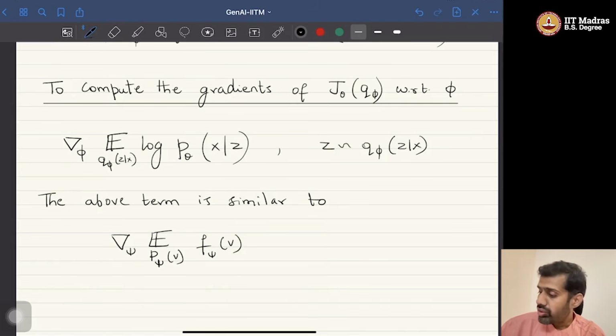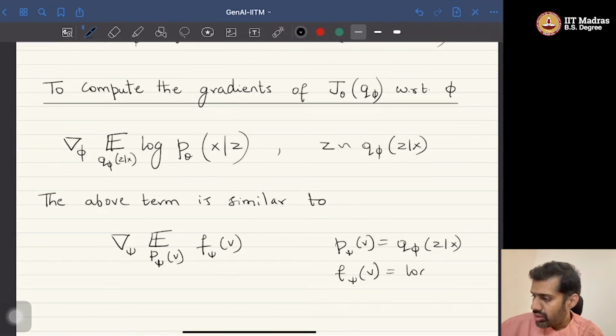So now here the distribution p psi that we are talking about is q phi of z given x, and the function with respect to which we need the gradient is log of p theta of x given z.